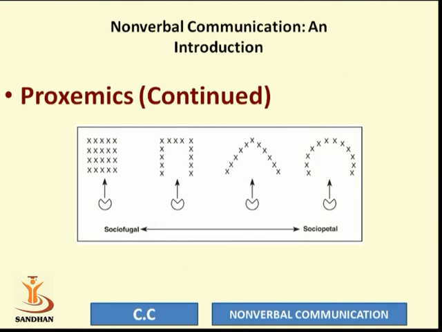Then if we think of classroom arrangements, how we arrange the seats of our students in class, this model is very effective. This particular model says how we can be creative enough to create a better communicative environment in the class.